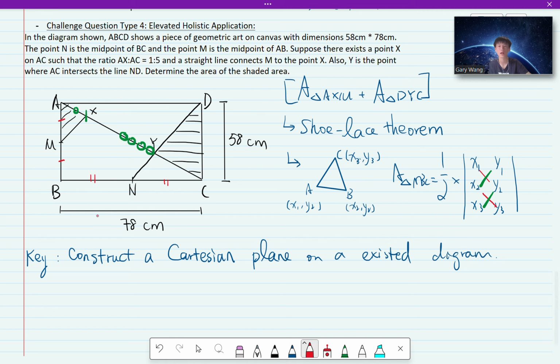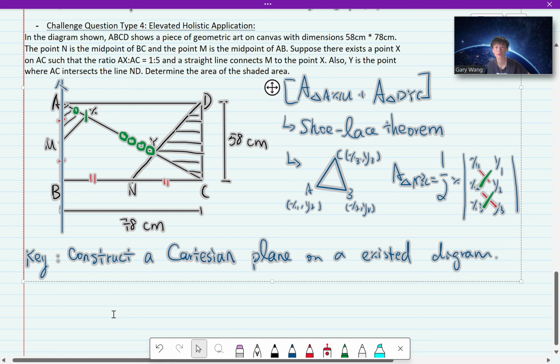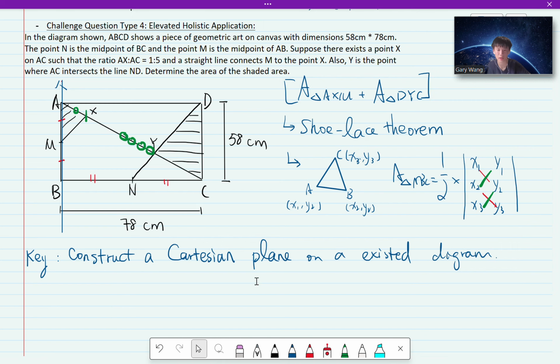We can put a y-axis down along the line AB. And this line is a bit not really aligned. Let's see if I can drag it a bit to the left side. Nope, but you get the idea.